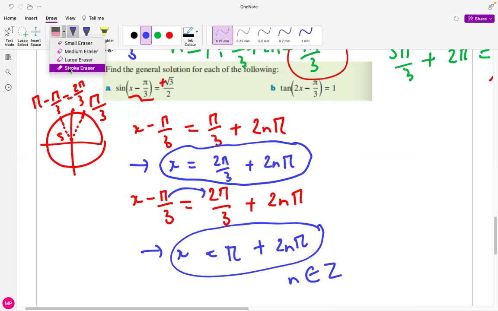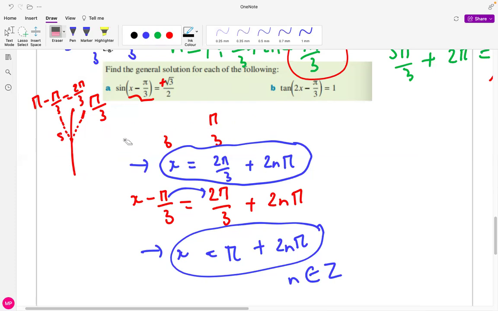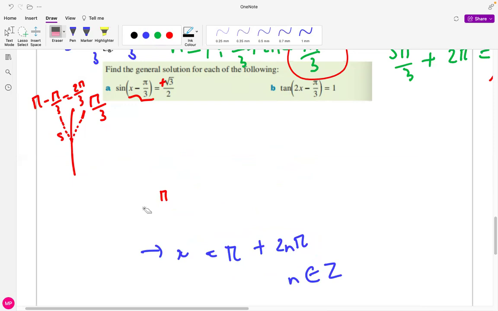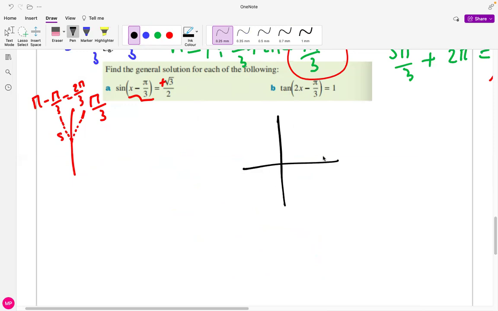Now for question B, with tan, as I said, you only have one general solution, and the period for tan is pi. So we have the reference angle for tan equal to 1, which is 45 degrees, pi/4 right here.